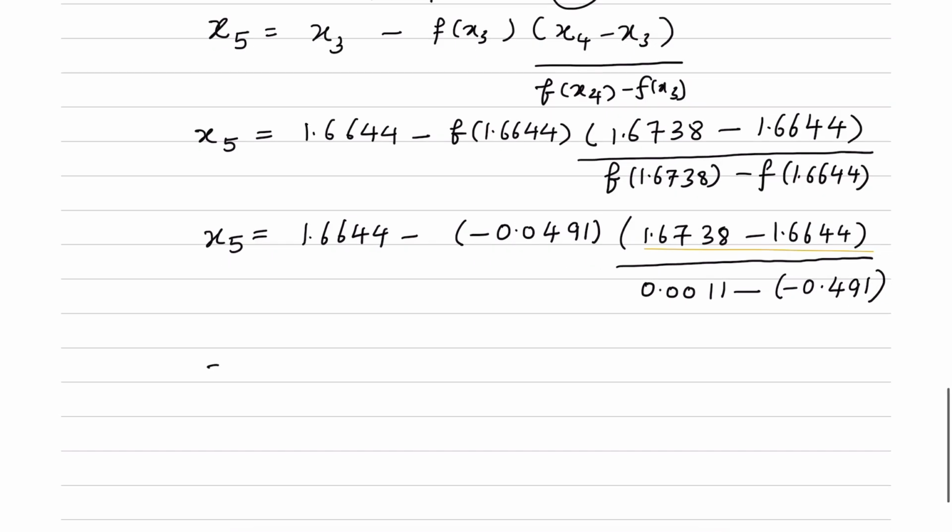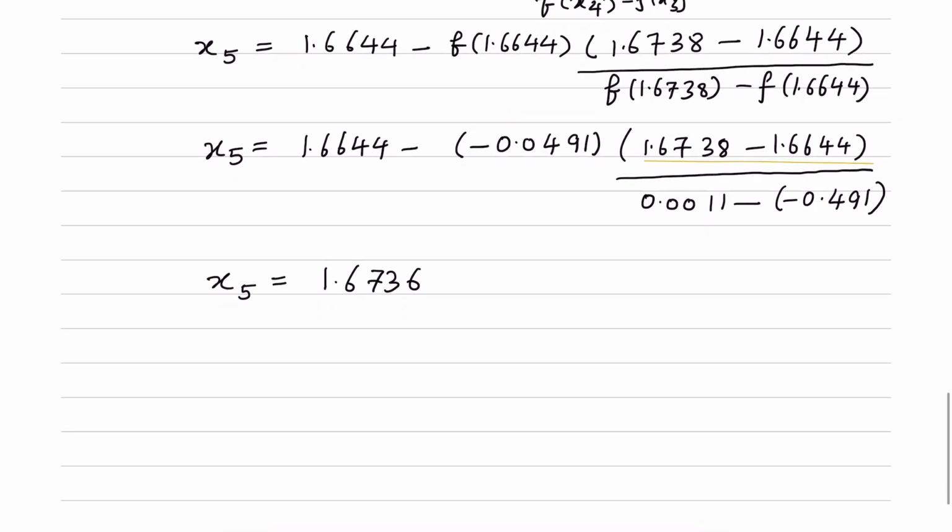We use the calculator to find x5 and you will see that we get 1.6736.